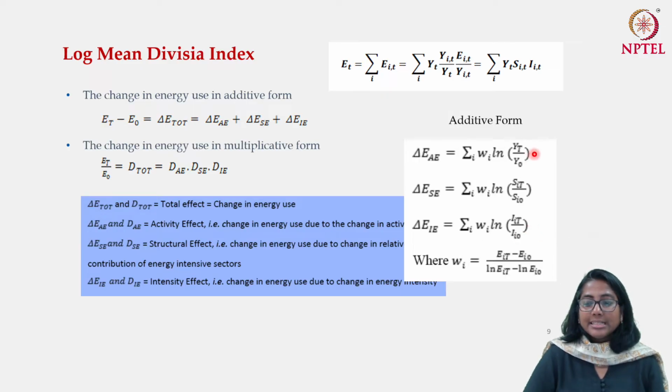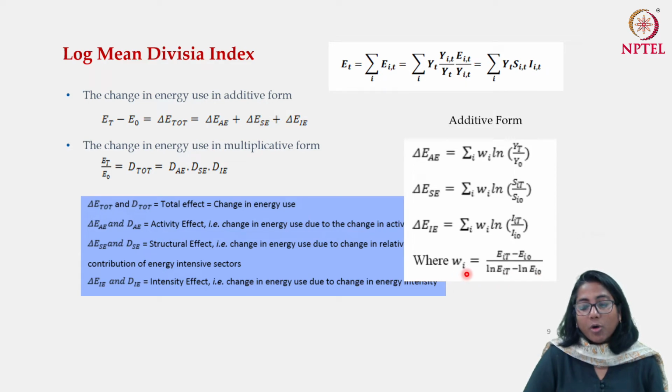You can see the activity effect is telling you the change in output, this is telling you the change in the structure, and this is telling you about the change in the energy intensity. Now this Wi is a new term here. How do we write Wi? Wi is basically EIT minus EI0 divided by ln EIT minus ln EI0.